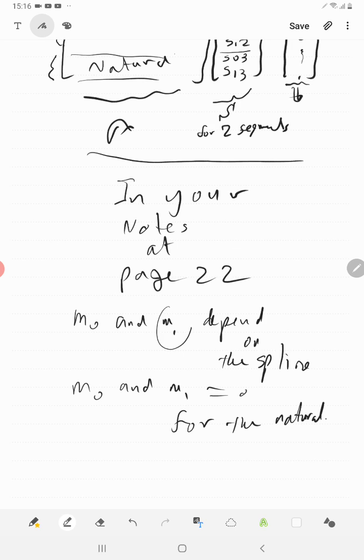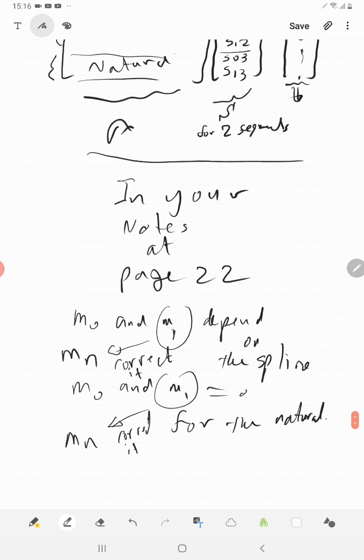Correct this. This is not M1. This actually should be Mn, last one. And this one also corrected to Mn, okay? Correct it in your notes. But we applied it in the example one, okay? So correct this M1 to Mn, last one, okay?